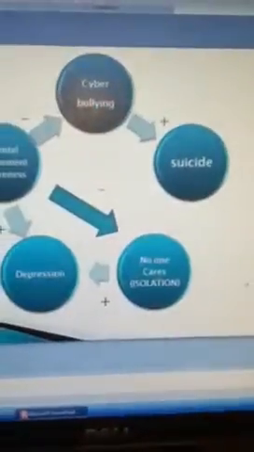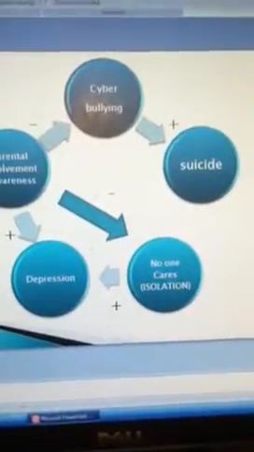The rate of cyberbullying increases, and as the rate of parental involvement decreases, depression increases, which is also a negative correlation. So I actually need to change this to a negative sign.